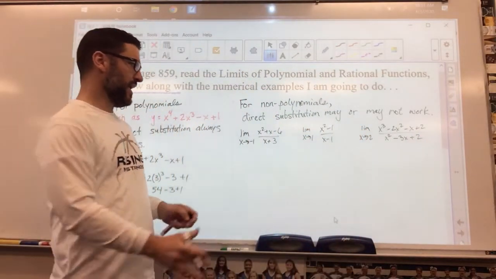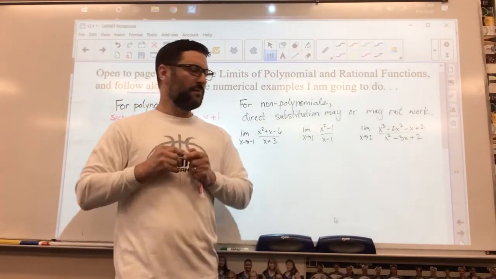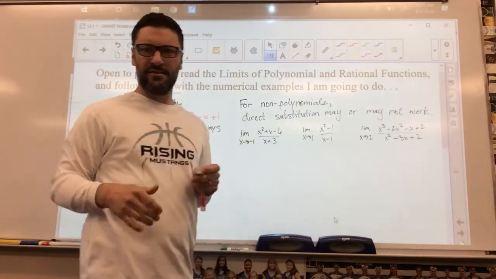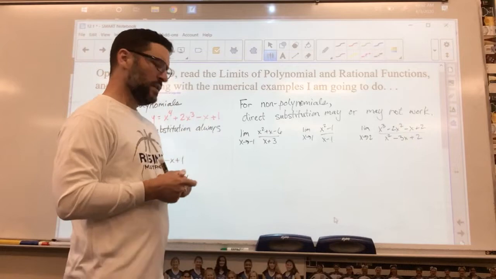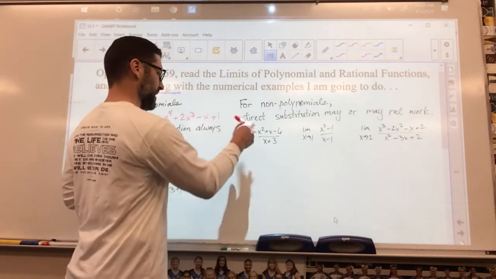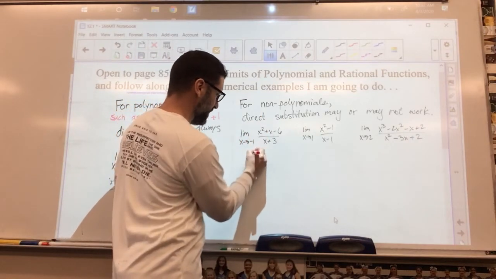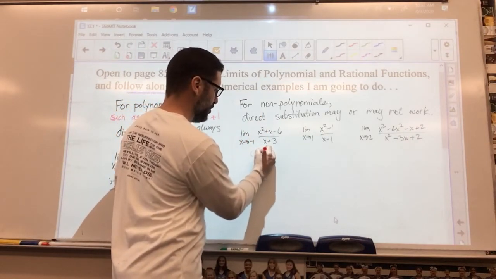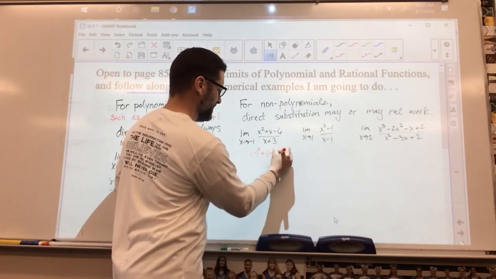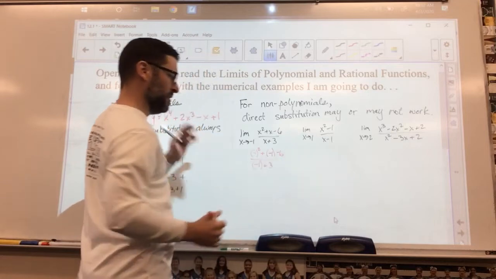Now I have 3 rational functions here, and sometimes I'll be able to plug the number right in, and sometimes it doesn't work. So we try direct substitution because direct substitution is great. I take the -1, plug it in. -1 squared plus -1 minus 6, all over -1 plus 3.